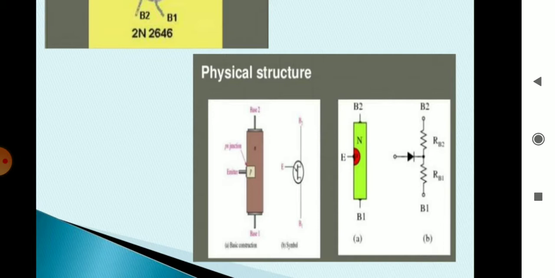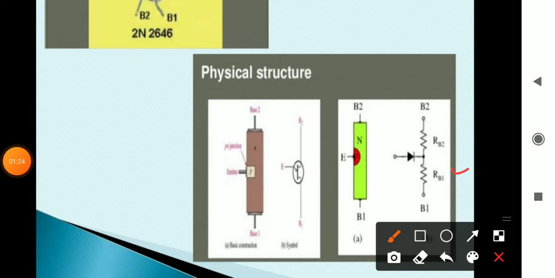These contacts create a resistance, that is RB1 and RB2. Through these ohmic contacts we get a resistance, represented as RB1 at the B1 terminal and RB2 at the B2 terminal.